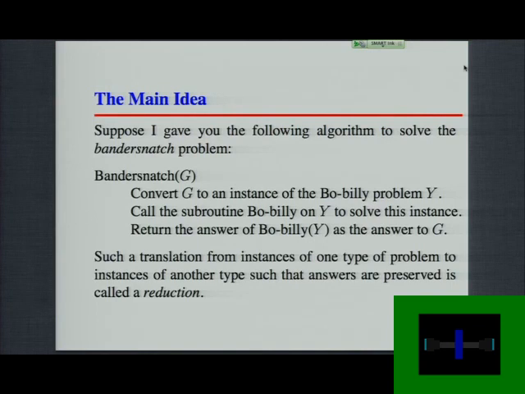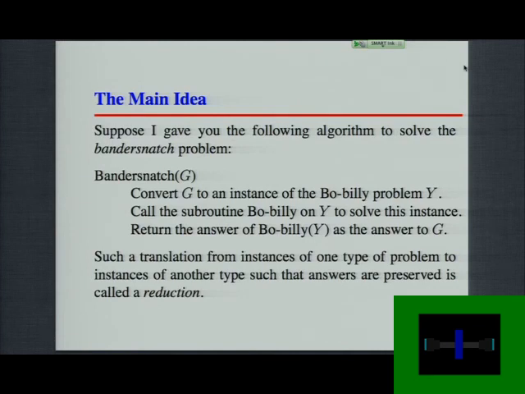Because if there was a fast way to solve mobility, that would give us a fast way to solve Bandersnatch. And I'm telling you, there is no fast way to solve Bandersnatch. So this algorithm, with a guarantee that there is no fast way to solve Bandersnatch, is an argument that there is no fast way to solve mobility. Any questions about this? How many people sort of see the logic?